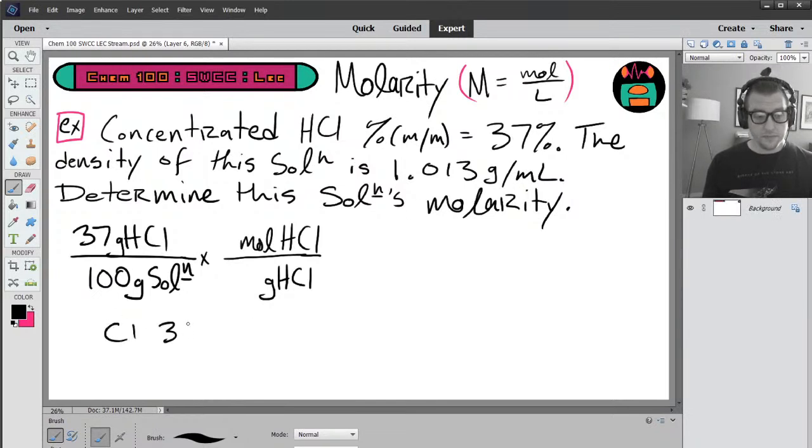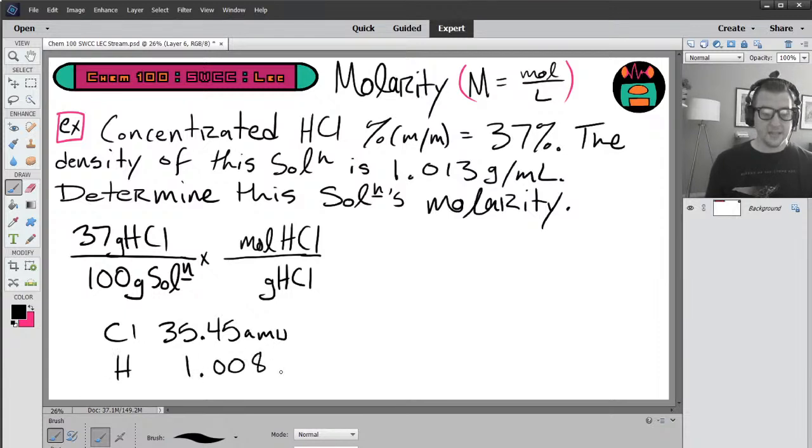Chlorine has an atomic mass of 35.45 AMU. Hydrogen has an atomic mass of 1.008 AMU. So we add, doesn't leave a lot of room. When we add these together, we get 36.458 AMU.